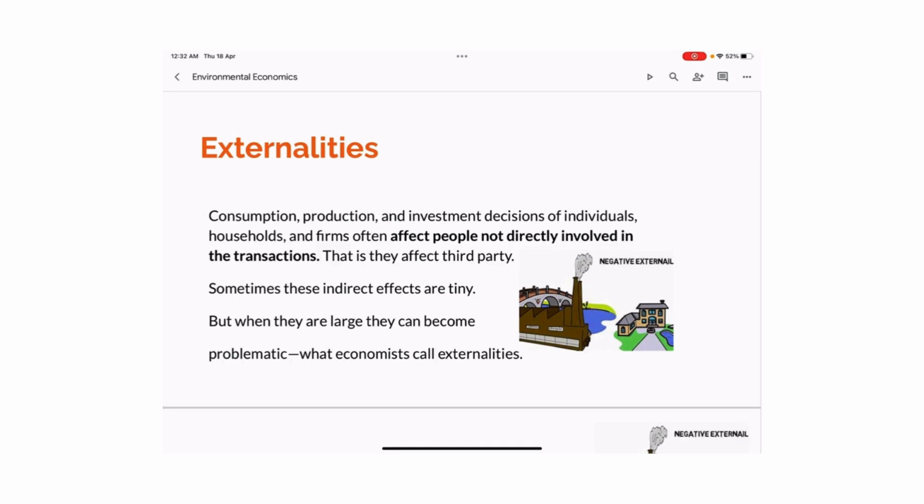So in this market economy where consumption is happening, production is happening, investment decisions are being taken, it could be at the individual level, the household level, or the firm level, right? And when these transactions happen and the people who are not directly involved are affected, those third parties, when they are affected in a major way, the economists call them externalities, right? So this is a more fundamental way of looking at externalities.